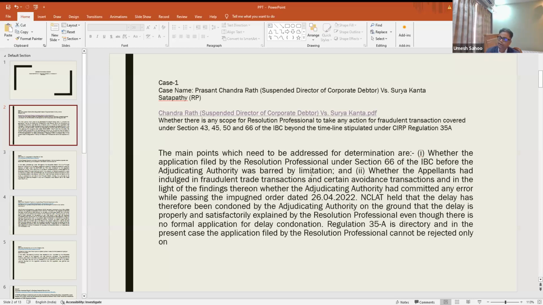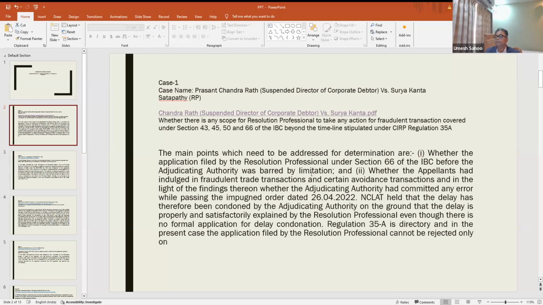They expect that when an IRP or RP comes, he is well versed in the laws and provisions, and is like a safeguard who can tell them how their funds have been diverted. For that reason, the Code has given us a very vital area to analyze and identify many defective issues of the corporate debtor, because the corporate debtor is like a sinking ship.